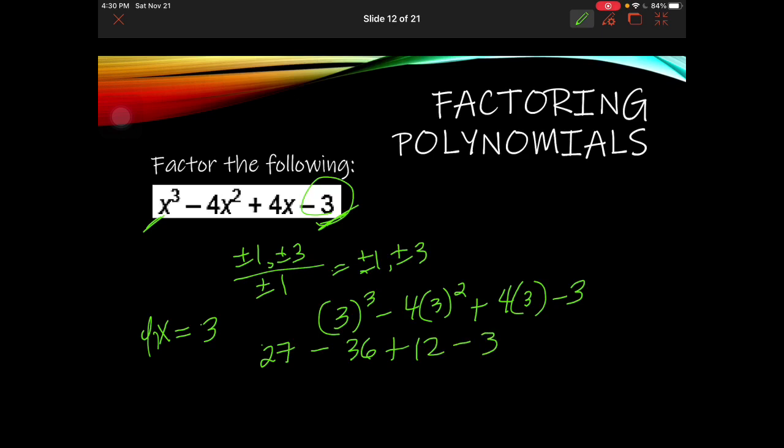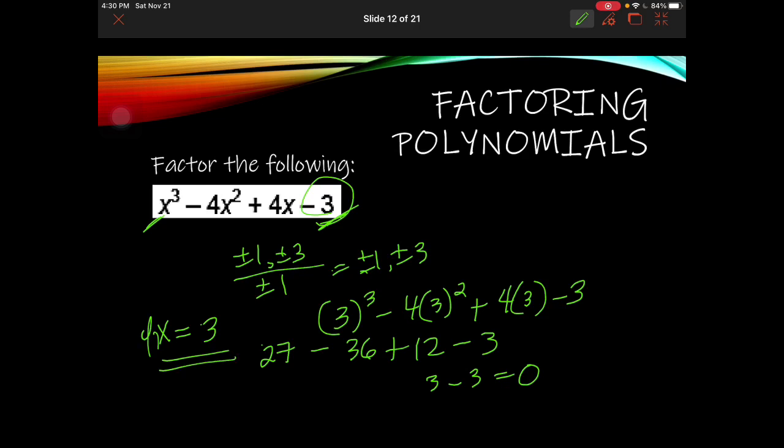So, 27 minus 36, that will be negative 9. Negative 9 plus positive 12 is positive 3. 3 minus 3 ay 0. So, ayan, tumpak. Kailangan pala natin ay positive 3.